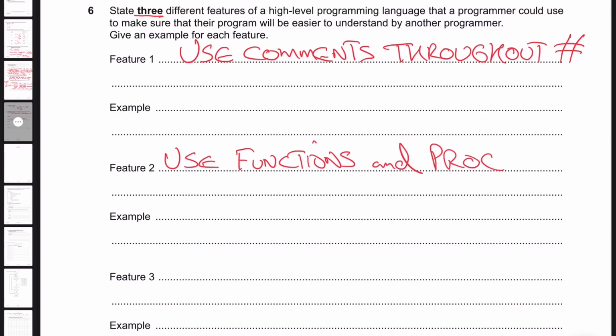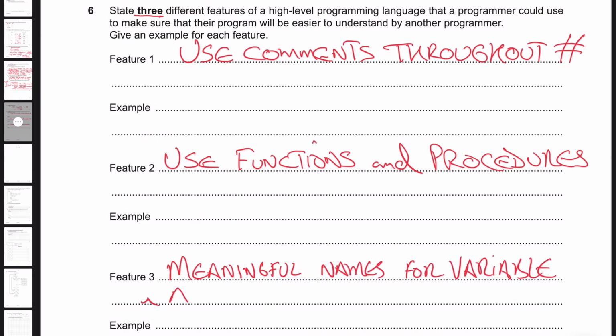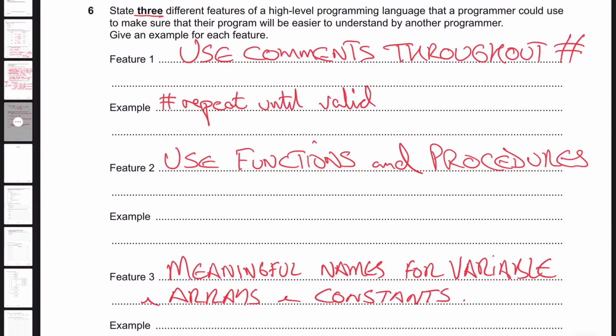It's basically the same thing. Okay. And then finally, we would use meaningful names, arrays, constants. Example, I'll draw on something we've used in the previous question. Repeat until valid number is entered. Use functions and procedures.